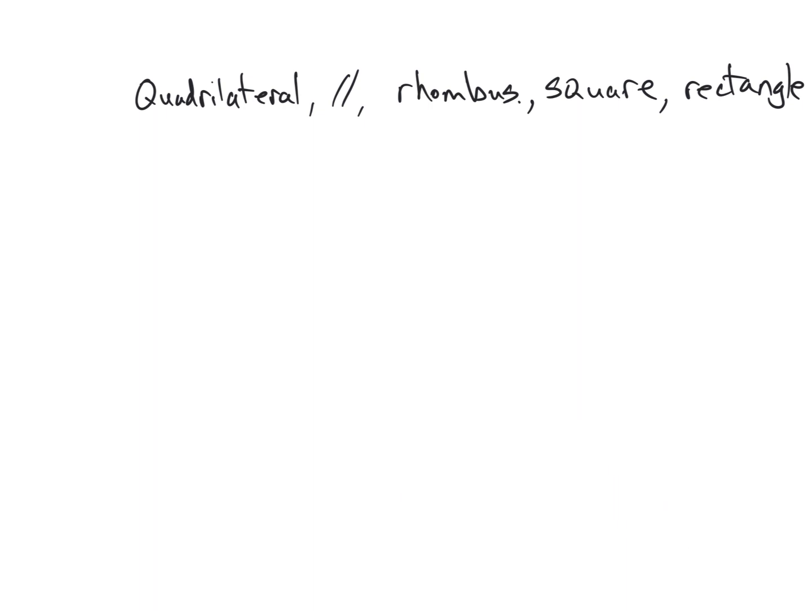Think about it. Rhombus, parallelogram. It's definitely a quadrilateral. Parallelogram, you could say it's a parallelogram as well. Out of those two, you would use parallelogram, but let's go on.